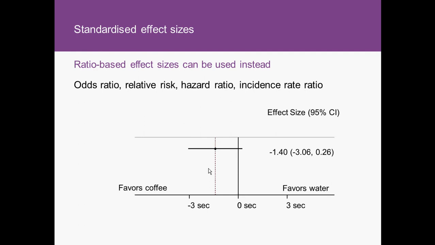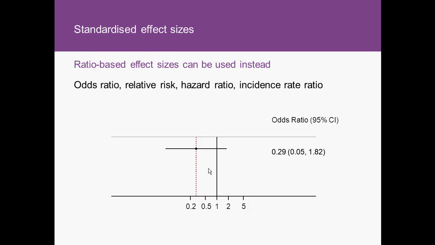However, another way that we could have analyzed our results would be to classify participants as yes or no in terms of whether they were able to run 100 meters in 12 seconds or less.